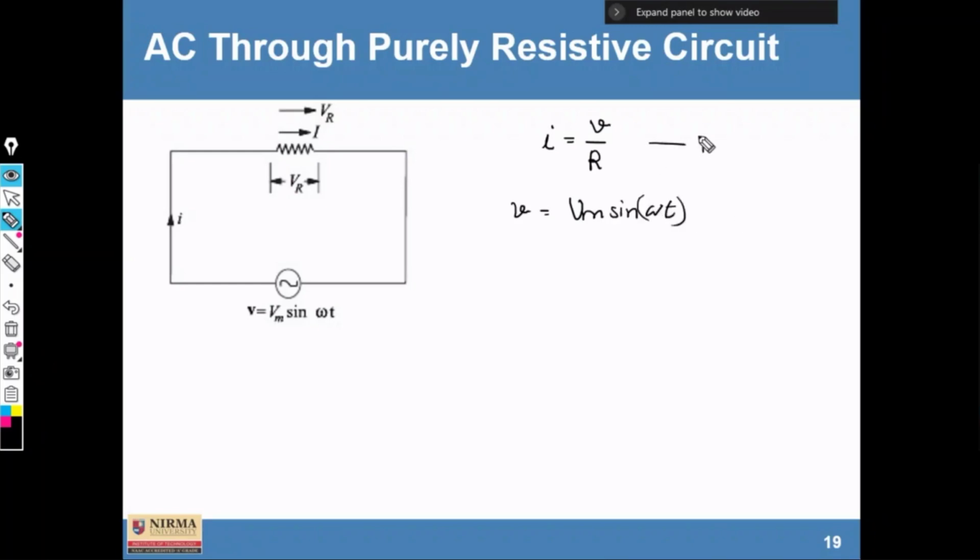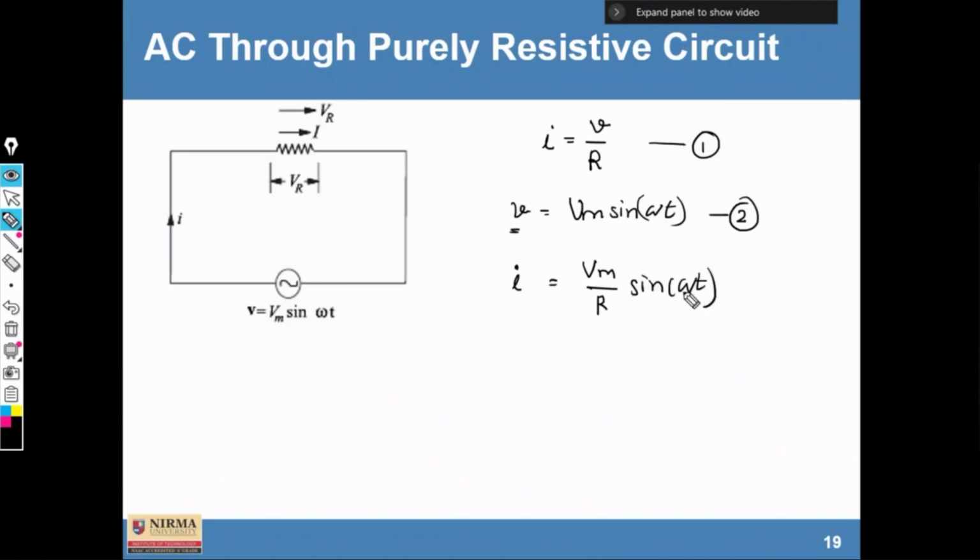This is equation 1, this is equation 2. And from this equation of voltage, we are trying to derive an equation of current. So simply we can replace the value of voltage here, and we can write the equation of current I is equal to Vm upon R sin omega t.